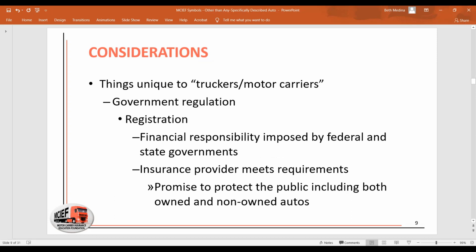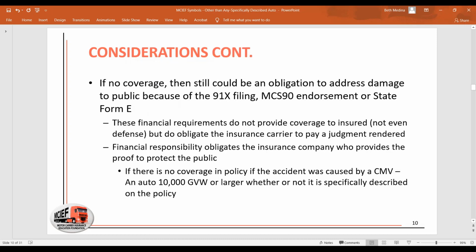So, things that are unique to motor carrier. That's the government regulation: registration and financial responsibility imposed by the federal and state governments. The insurance provider meets requirements and makes a promise to protect the public, including both owned and non-owned autos. That's the promise that the financial responsibilities spell out.